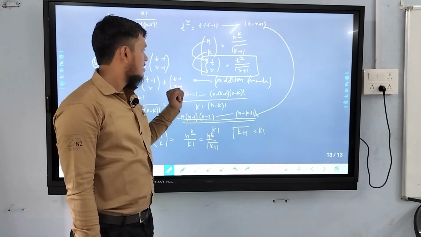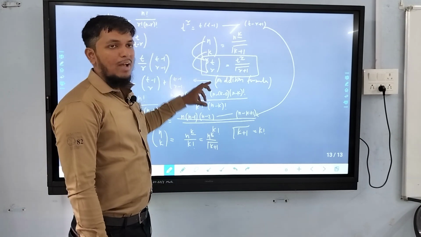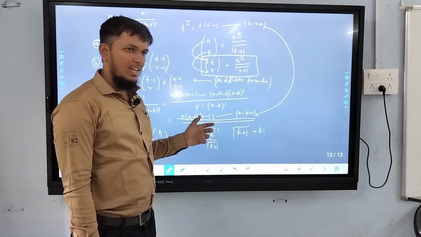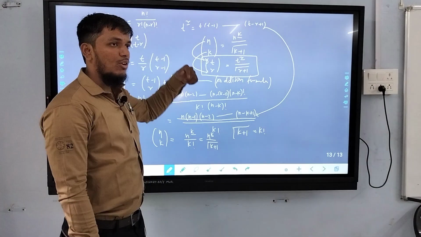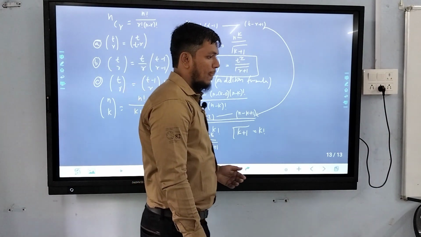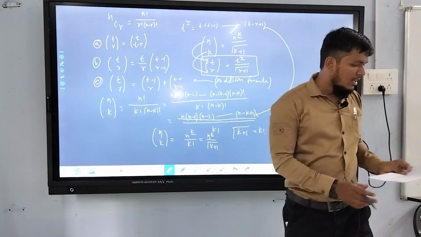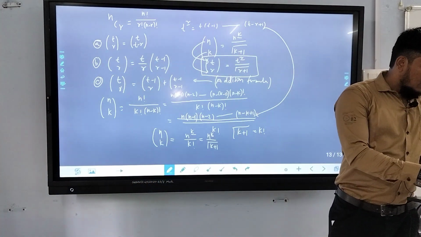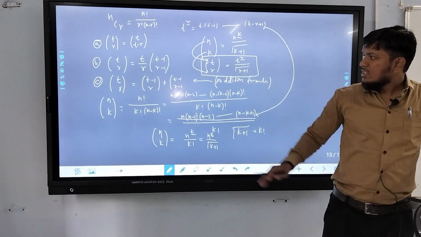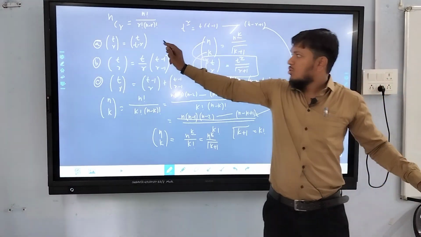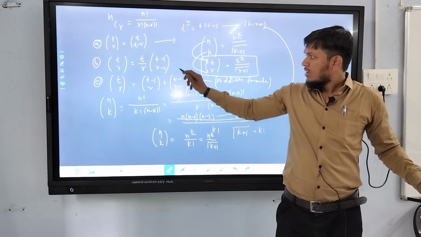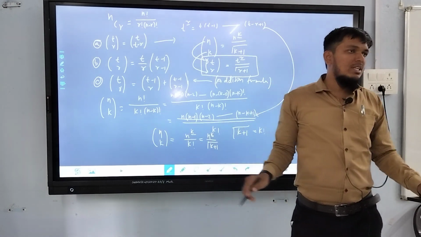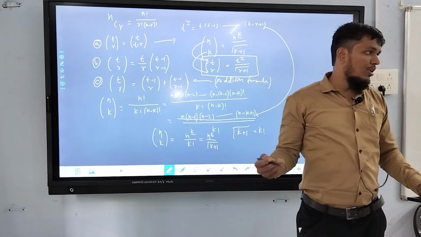This tCr is known as a binomial coefficient. This nCr is also known as a binomial coefficient. Now by using this property, known as the symmetric property, and this is the addition formula, we will prove some more important theorems.